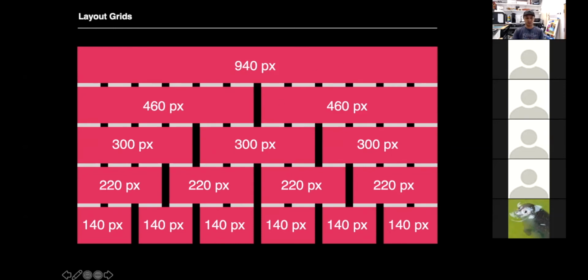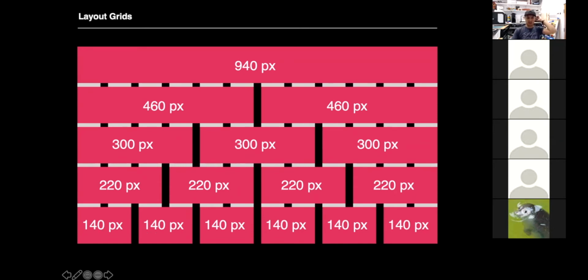So we could do just a full width, which is 940 pixels, which includes the padding on the side to make it 960. It can have 2 columns, which is 460 pixels next to each other, 3 columns, which is 300 pixels next to each other, 4 columns, which is 220 pixels, and 6 columns, which is 140 pixel columns.